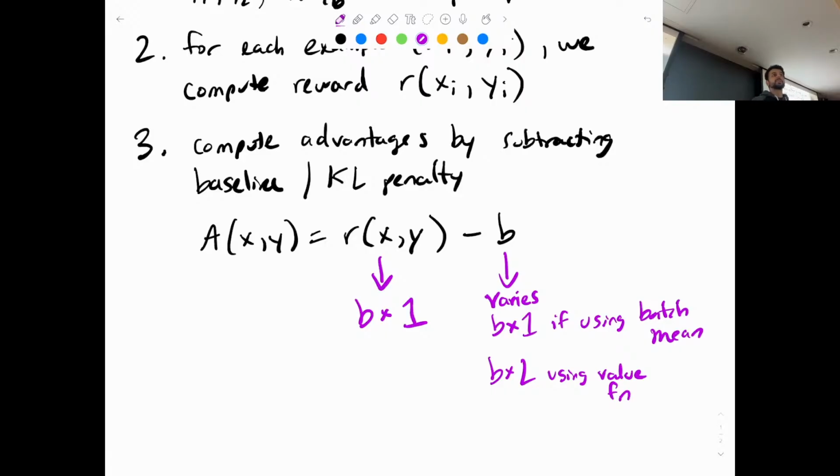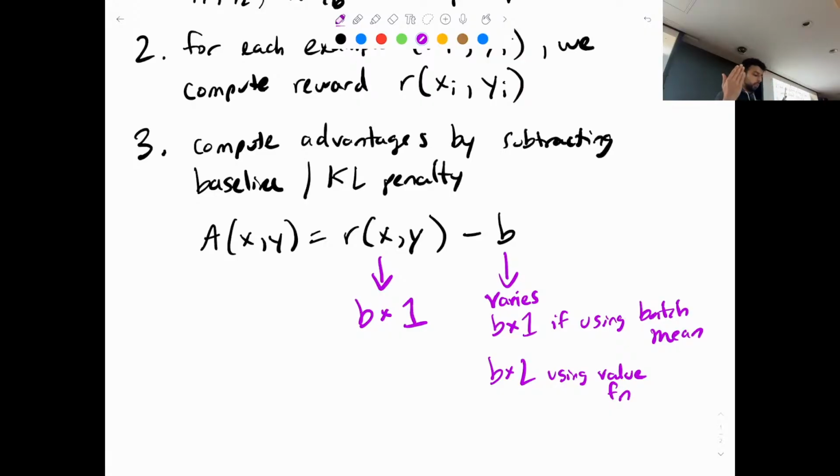So let's say we're using the value function. One question is, well, the reward is a vector of dimensionality the batch size, and our value function outputs something that's B times L dimensionality.